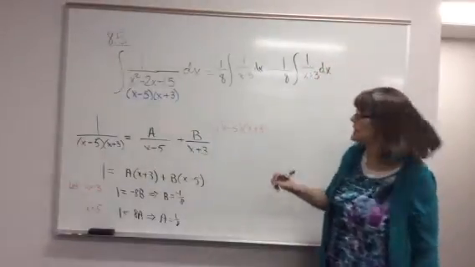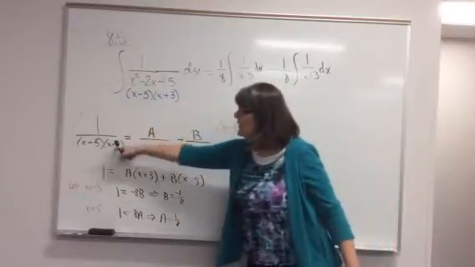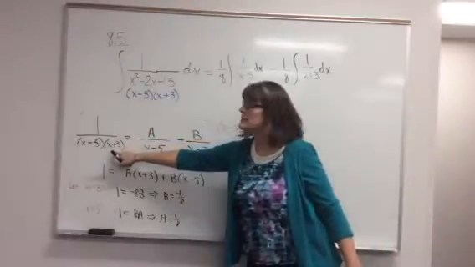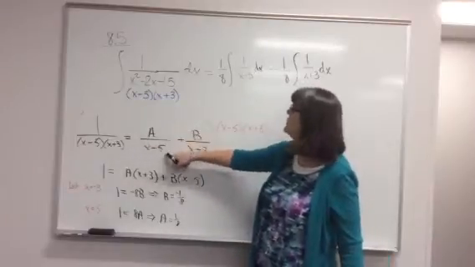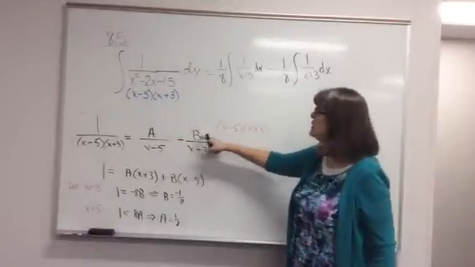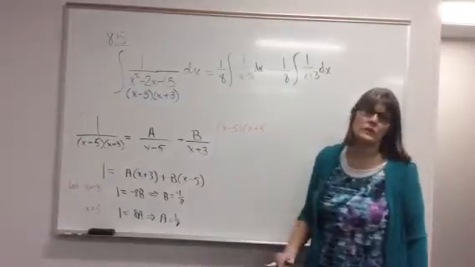And I can do that because 1 over the quantity (x minus 5)(x plus 3) is equal to 1/8 over x minus 5 plus negative 1/8 over x plus 3.